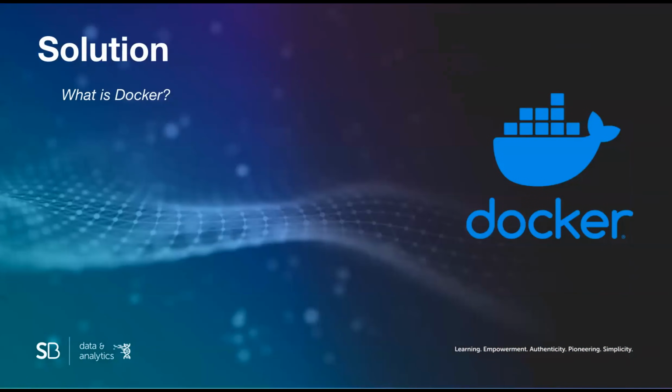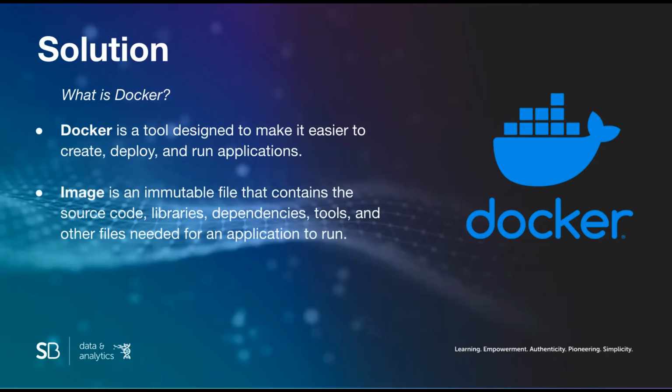So what is Docker? Docker is a tool designed to make it easier to create, deploy, and run applications. An important element of Docker is images. Images are immutable files that contain all the necessary parts to run an application, such as source code, libraries, and other dependencies. And then there are containers.